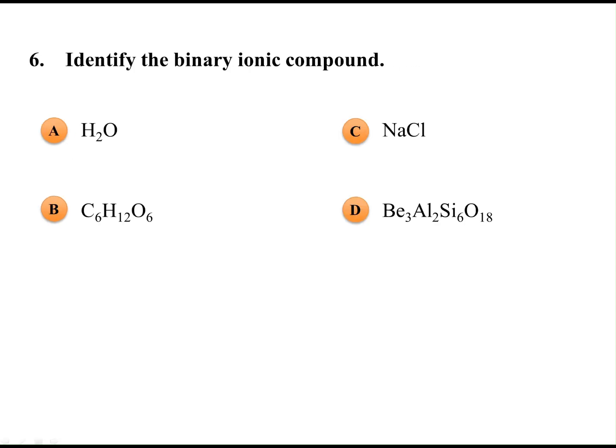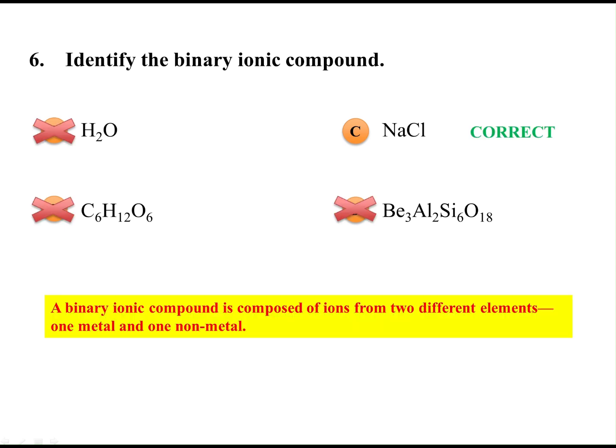Identify the binary ionic compound. The correct answer is C, NaCl. And a binary ionic compound is composed of ions from 2 different elements, one metal and one non-metal.